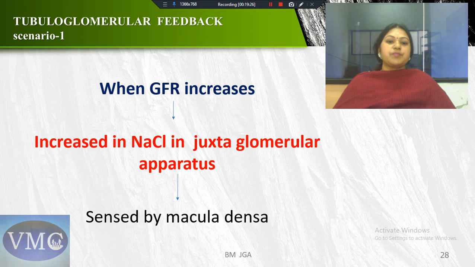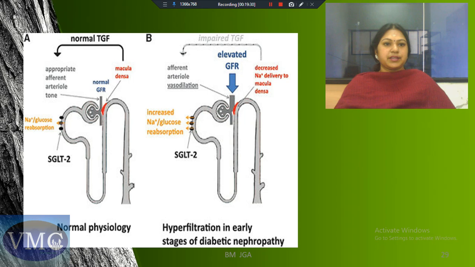This is sensed by your macula densa, that is cells of your thick ascending limb of loop of Henle. So here you can see the flow is more. In the PCT there is usually sodium chloride absorption, 99% of the ions and the organic substances get absorbed in your PCT, that we know, isn't it?